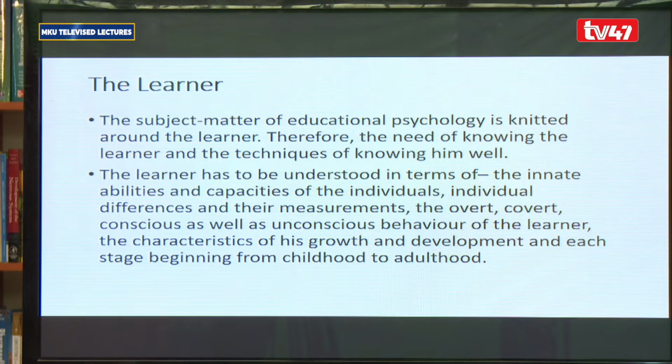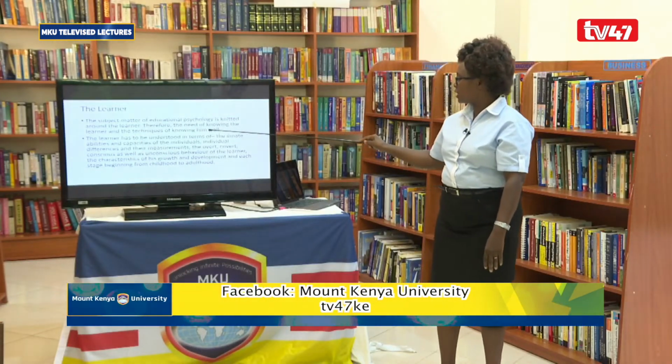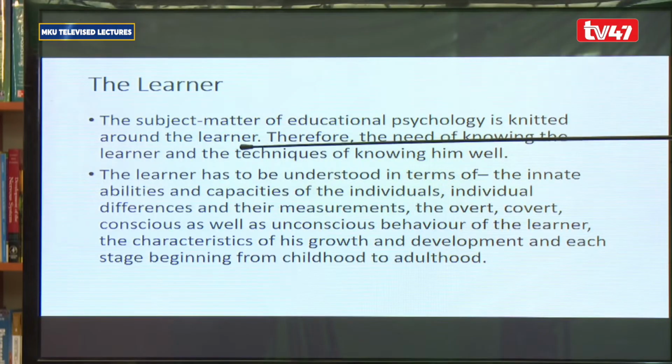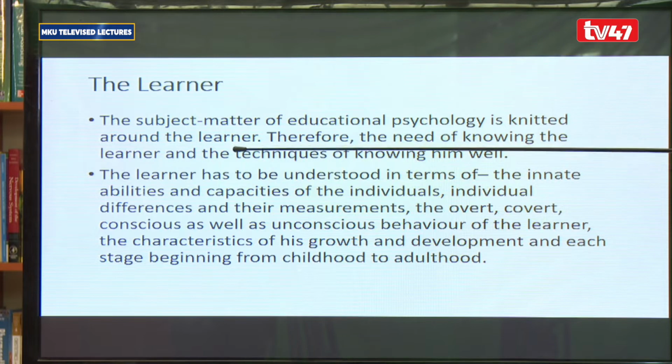And we say that the learner is the peak. If you are to draw a diagram, the learner would be at the climax, because the learner is the one who determines the methods of teaching and the learning process, and you must make sure that as teachers, the learners learn something. So we say that the subject matter of education psychology is knitted around the learner.